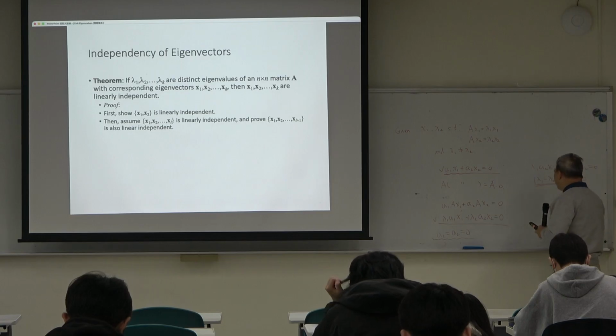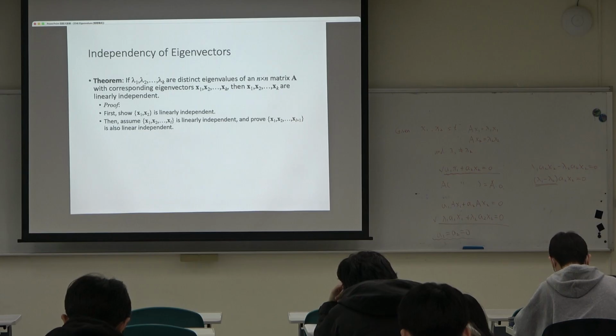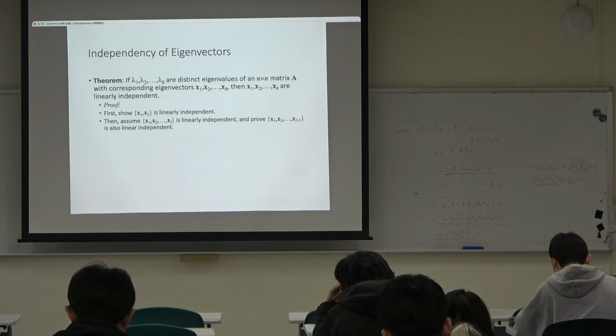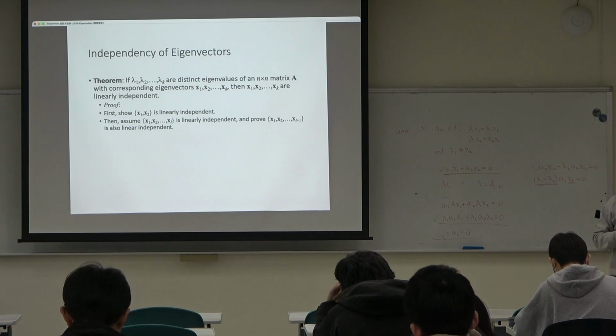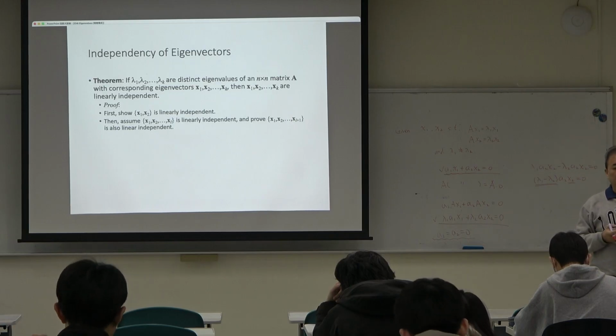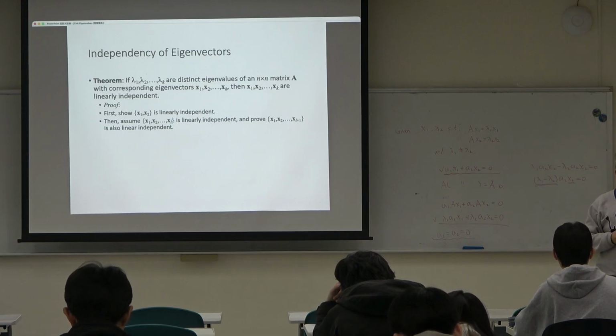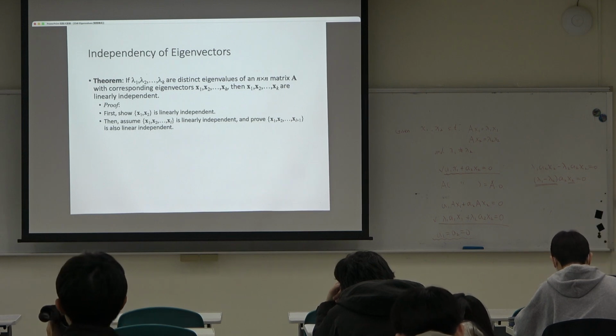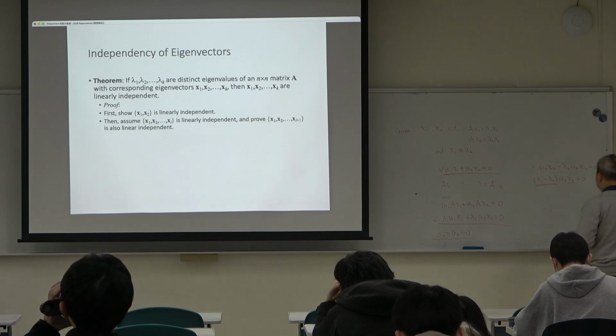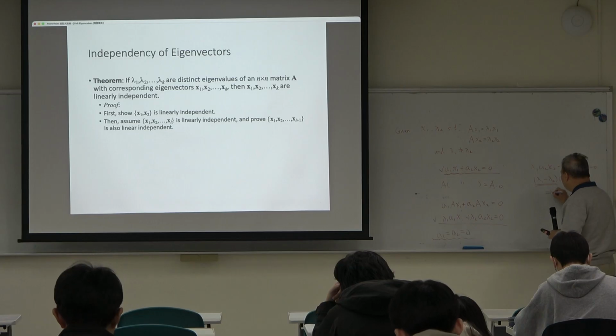We know lambda 1 and lambda 2 are different, so this one is non-zero. x2 is non-zero too, because x2 is an eigenvector, which is considered non-zero. So the only possibility is a2 is 0, right?